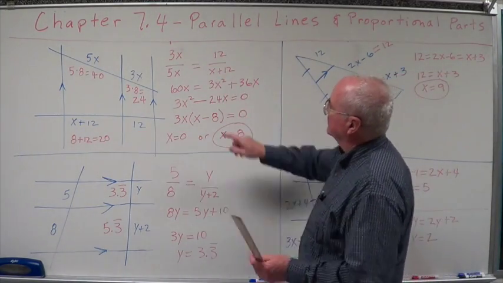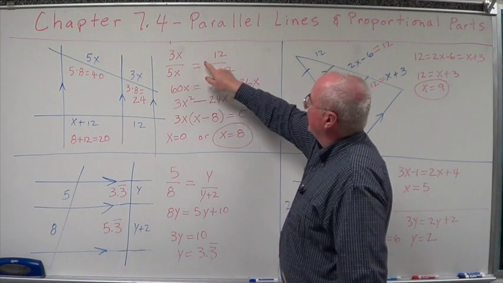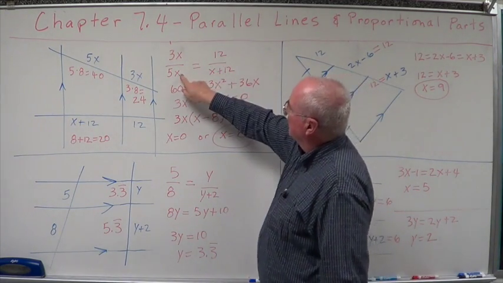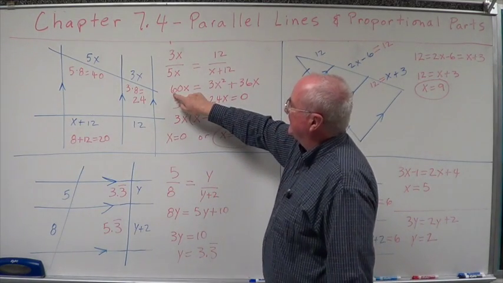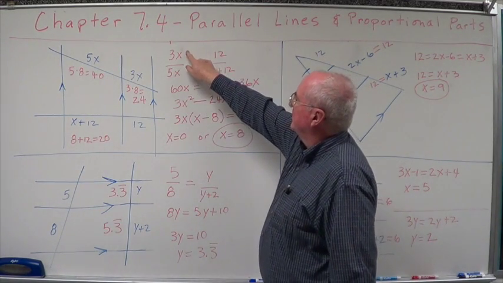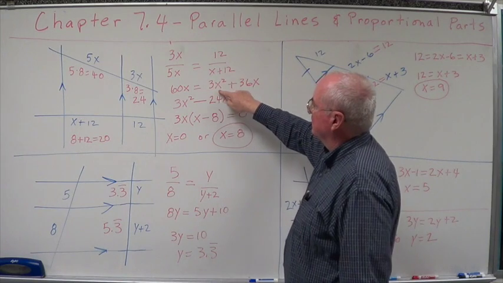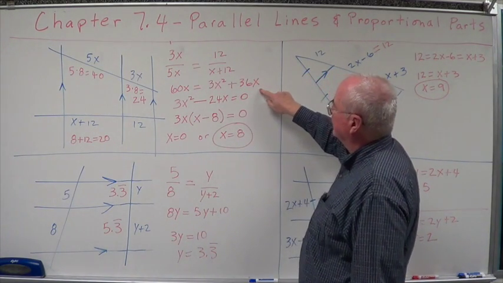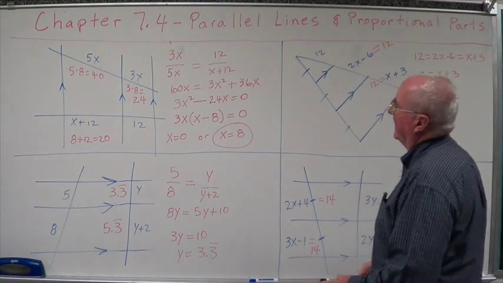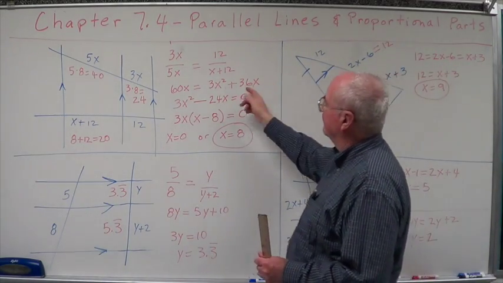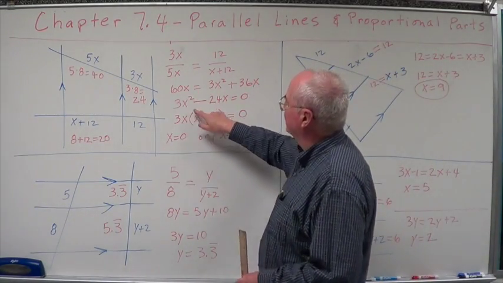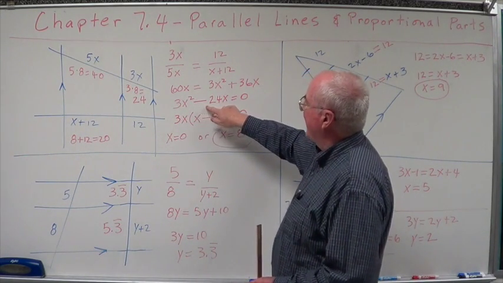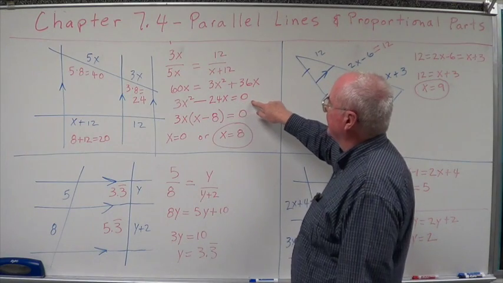Okay, so let's look at this one really close. 3x is to 5x as 12 is to x plus 12. So 5x times 12 is 60x equals 3x times x, which is 3x squared, plus 3x times 12 is 36x. Now, let's rearrange this, combining like terms and putting them all on one side. 3x squared minus 24x equals 0.